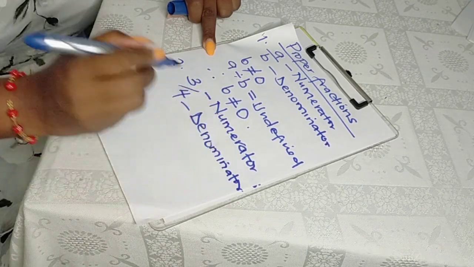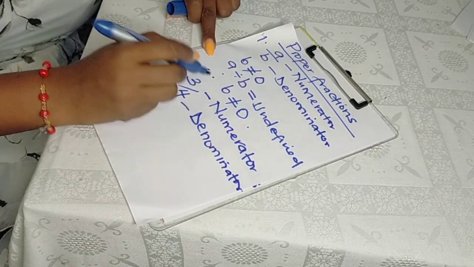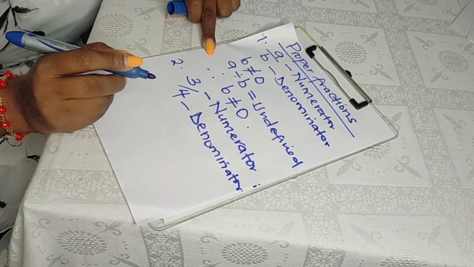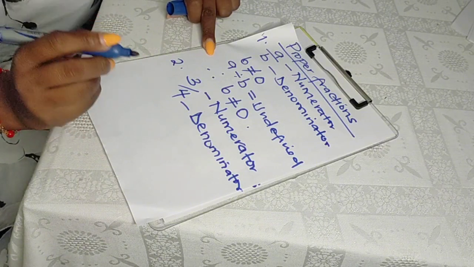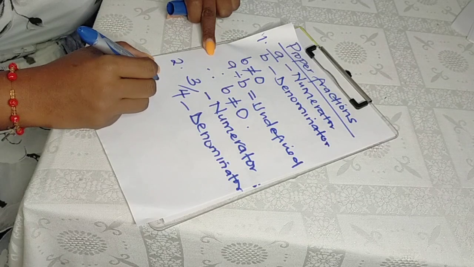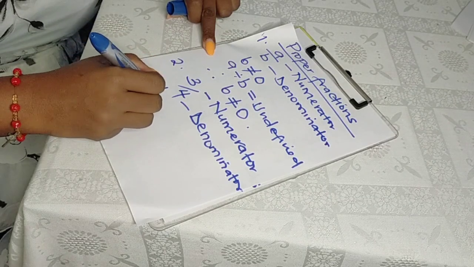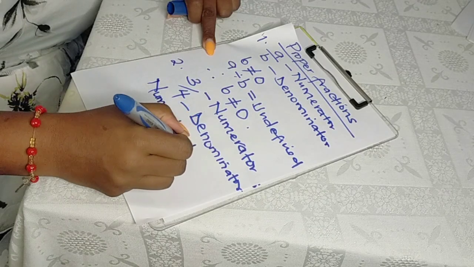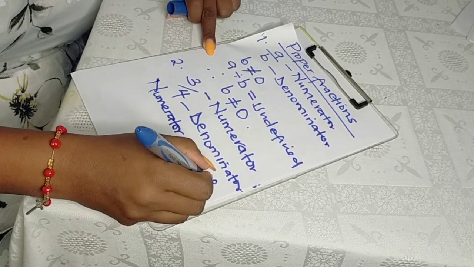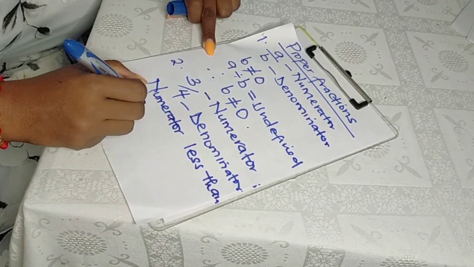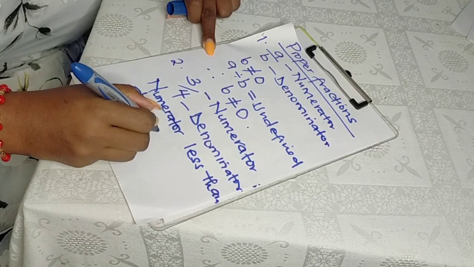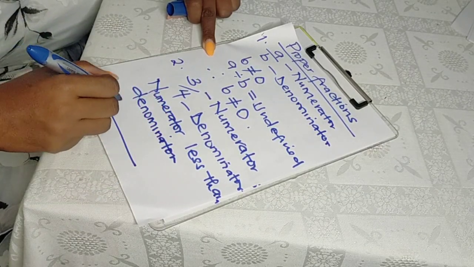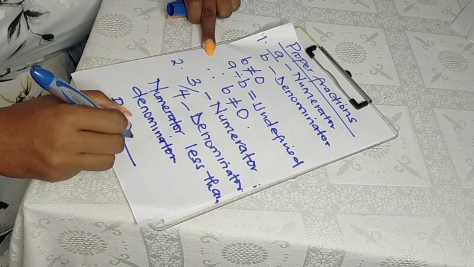Whenever you have a fraction in which the numerator is less than the denominator, such a fraction is called a proper fraction. So, numerator being less than denominator, then that is a proper fraction.